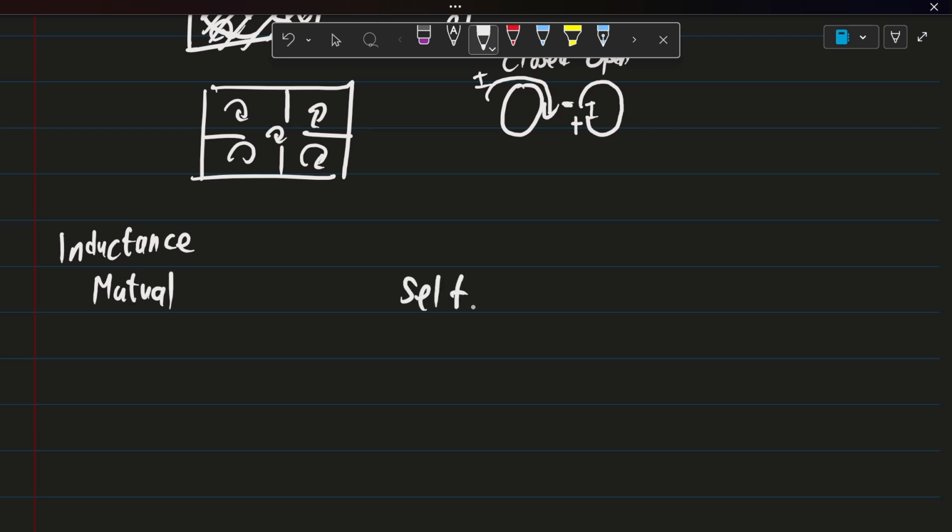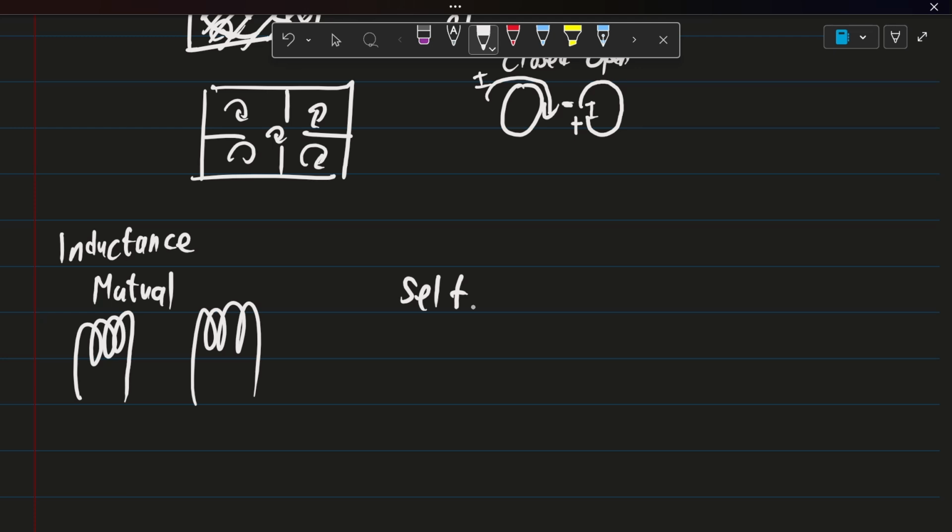Mutual inductance is the same idea as the one that I presented earlier, in which if you have a coil and change its current, it's going to be felt by the other coil, and this will be discussed in the next chapter.